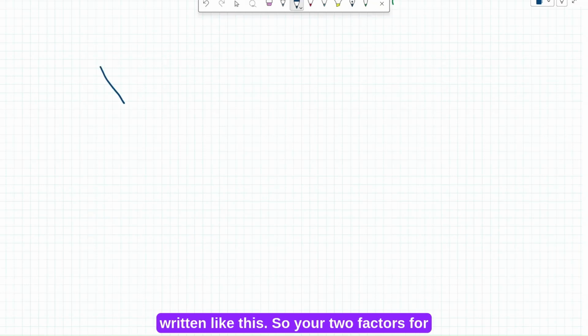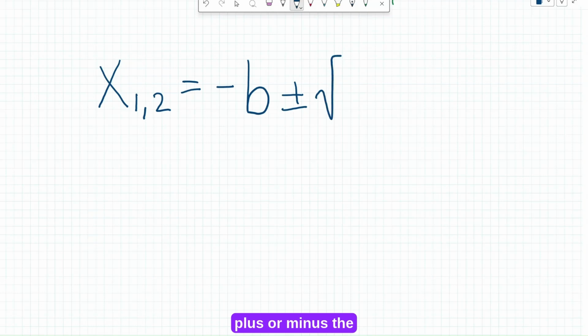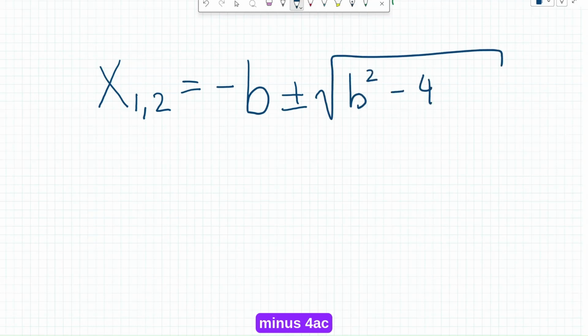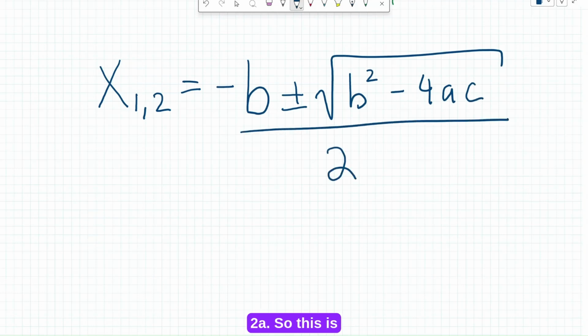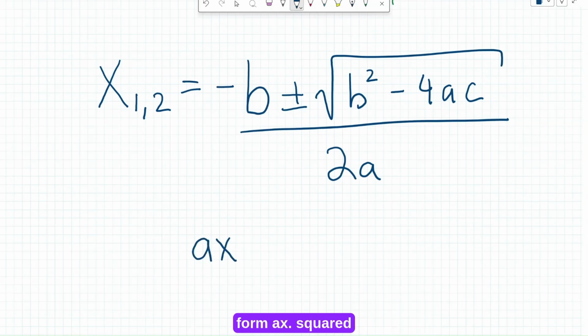It's written like this: our two values x1 and x2 equal negative b plus or minus the square root of b squared minus 4ac, all over 2a. This is for our typical trinomial, which has the form ax squared plus bx plus c.